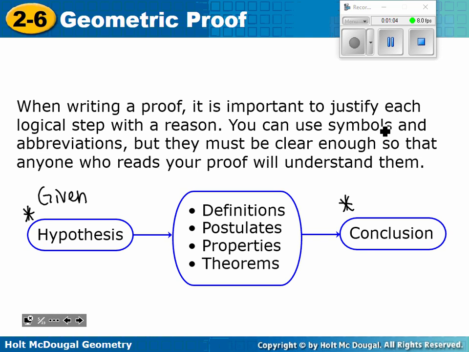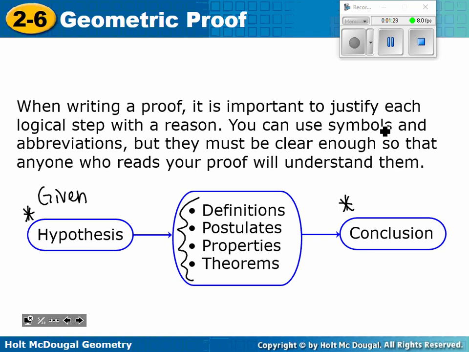The hardest part is coming up with the definitions, postulates, properties, or theorems that you're going to use. So I would remind you, we have 50 vocabulary words from chapter 1. We now have 23 vocabulary words from chapter 2. So it might be one of those definitions. Those are all nicely in the back of your book in your glossary if you need to look something up.